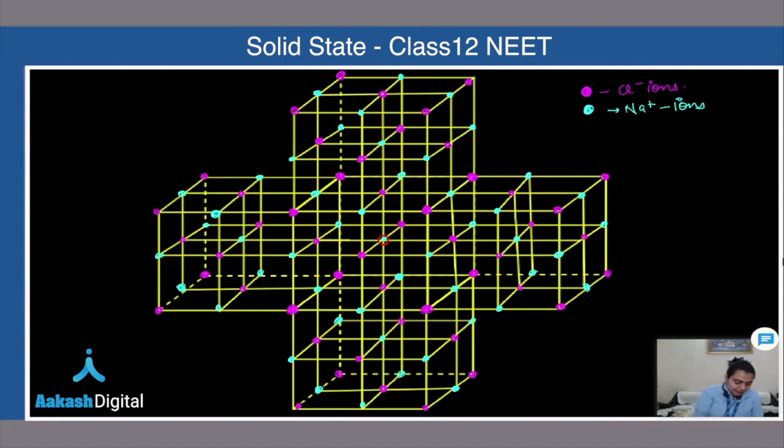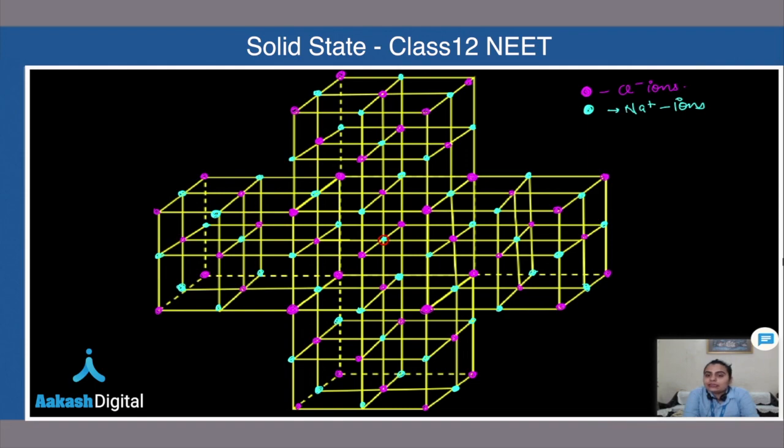Now, if I see my center particle, which particles are nearest to it? Can anyone tell me? The Cl negative ions. Which Cl negative ions?